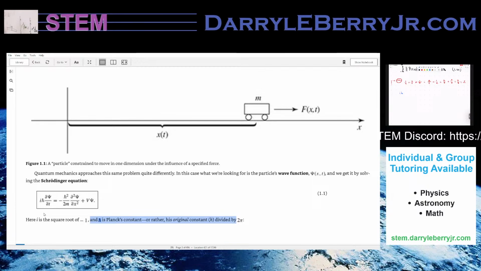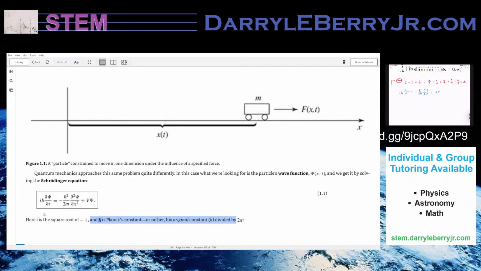So: i h bar, the partial derivative with respect to t of psi, equals negative h bar squared over 2m, the second derivative with respect to x of psi, plus the potential times psi.